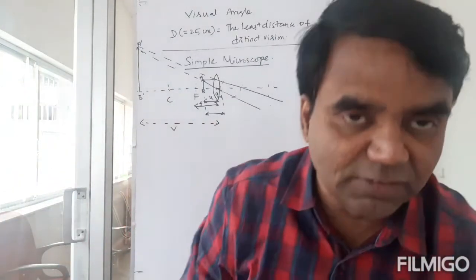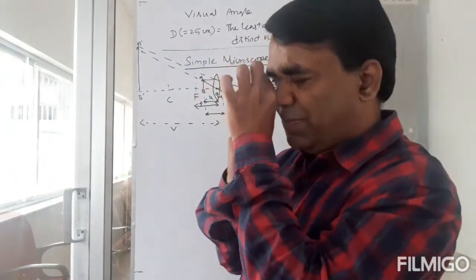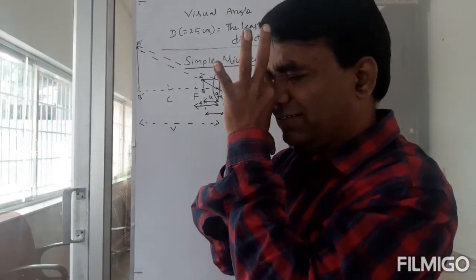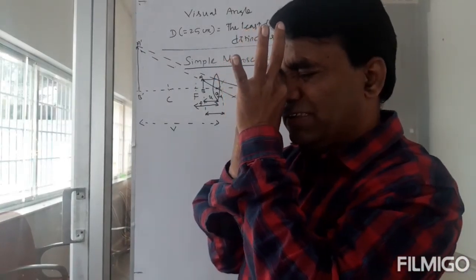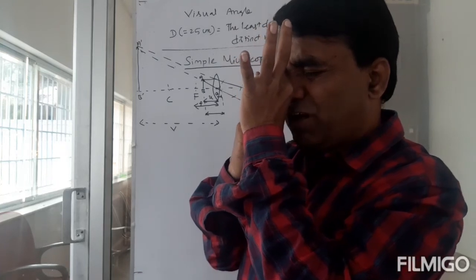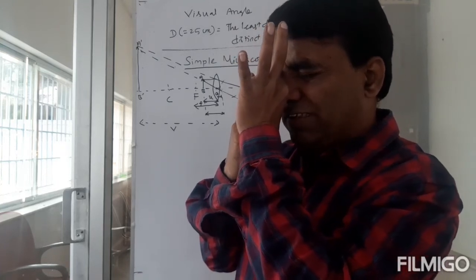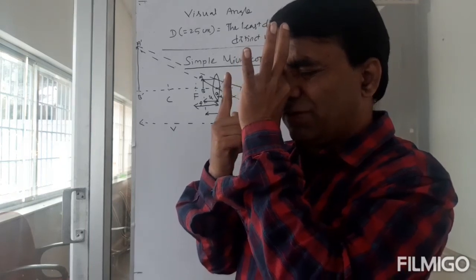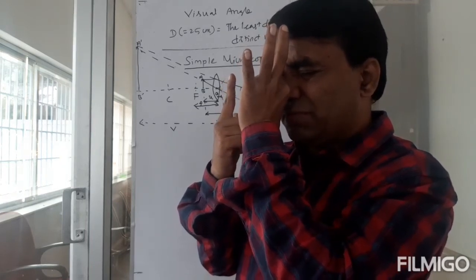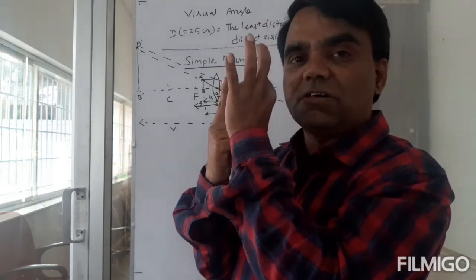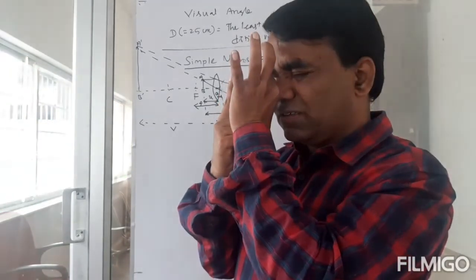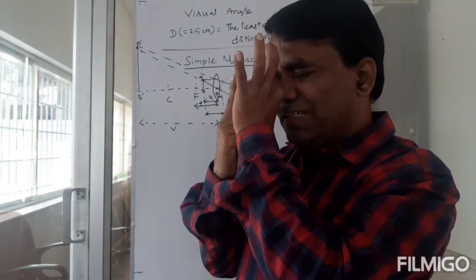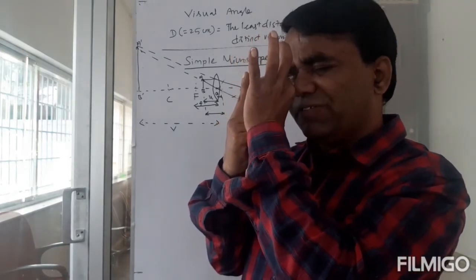You can experiment with it. When I keep it like this, I can see the object and the image very clearly, because the image is formed within 25 centimeters. But as I move it slightly away, I am still able to see it clearly, because the object is not at 25 centimeters, but the image is beyond 25 centimeters.